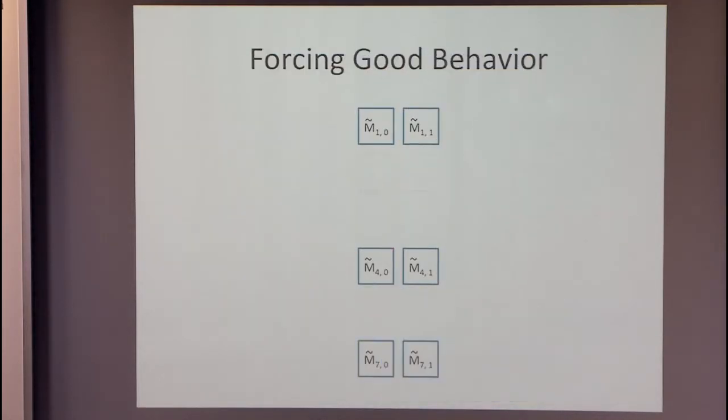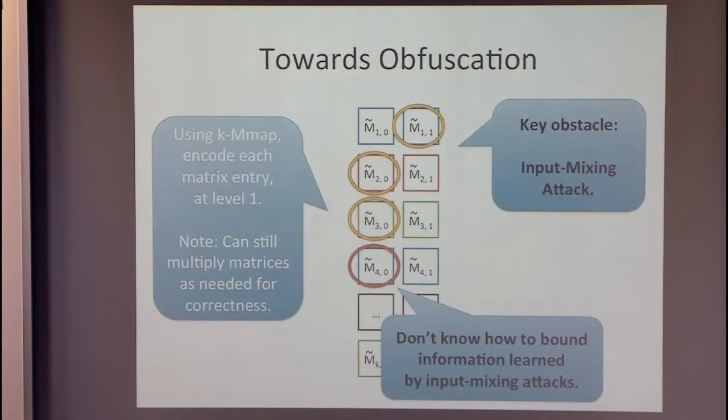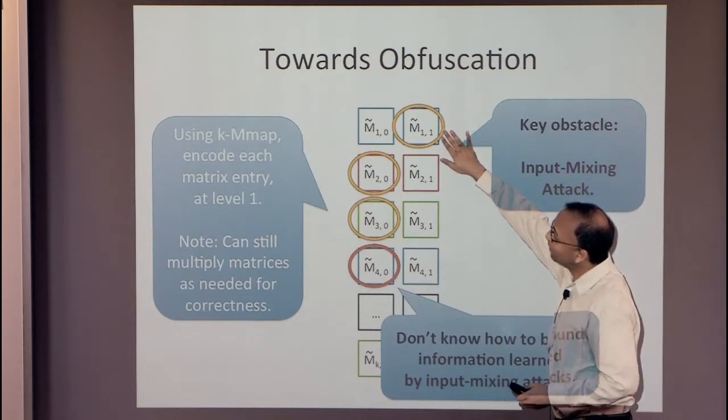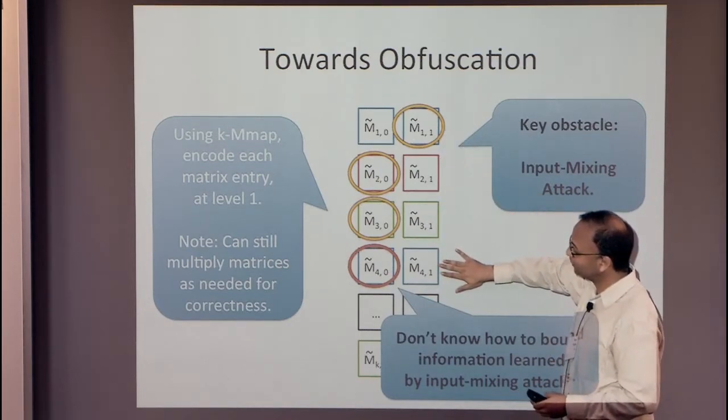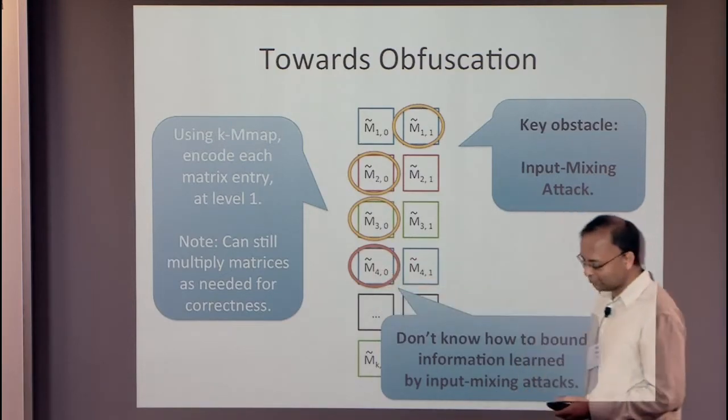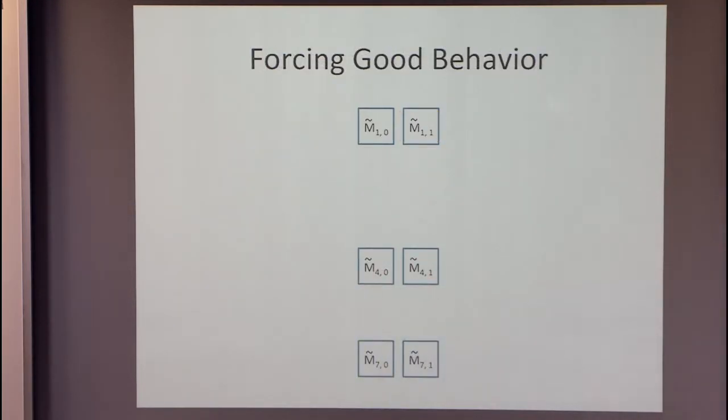This brings us to the question of how to solve it. Here I'm going to be a little bit fuzzy. I'm not going to give you a complete answer, but I'll hint to it a little bit later. So again, remember, what's the problem? The problem is that the adversary could start with this matrix, but then later when he hits another matrix that also corresponds to this input, he can pick the wrong matrix. So we have to focus in on the matrices that correspond to a single input.